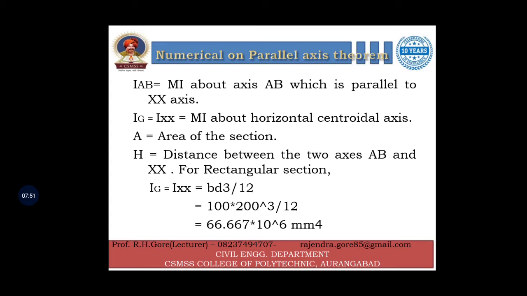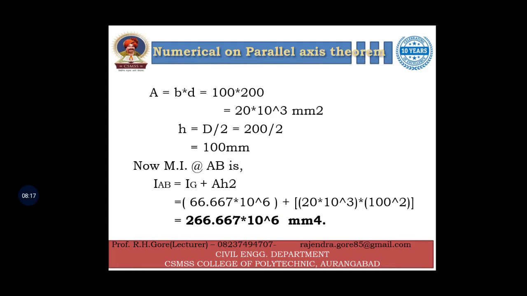So for rectangular sections, Ig is equal to B into D cube by 12. This is the standard formula for moment of inertia about centroidal axis. So B is 100 into depth 200 cube by 12. So Ig is equal to 66.667 into 10 to the power 6 mm power 4.